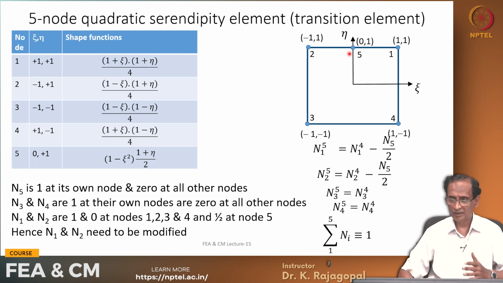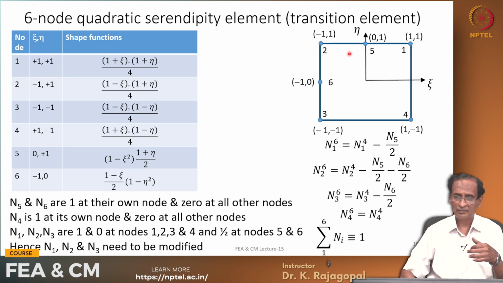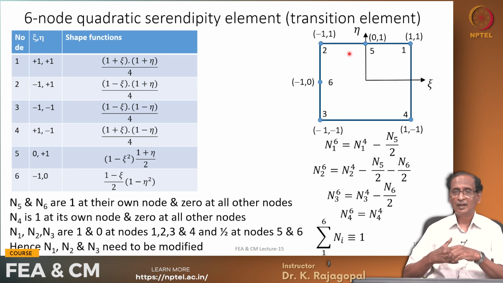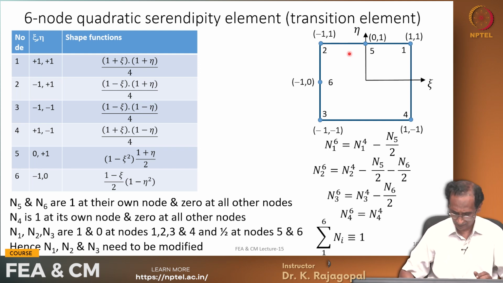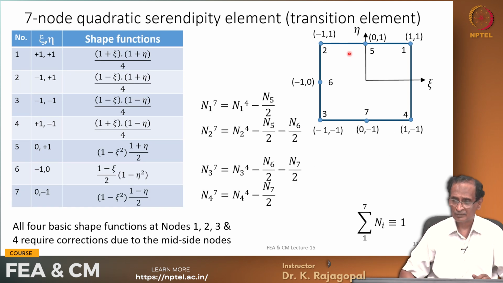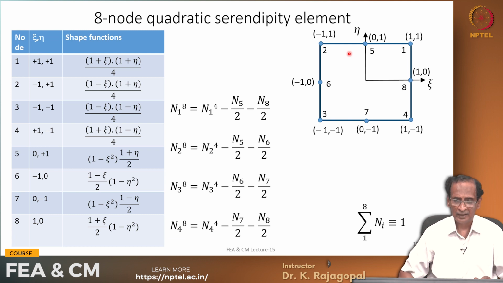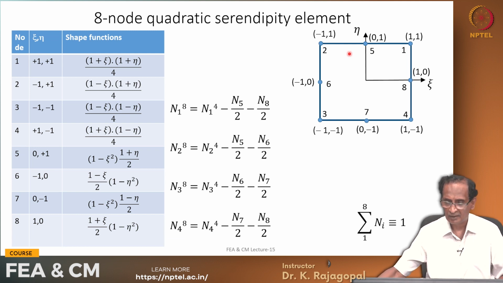So, we have to use only the method that we are using, the serendipity method, and basically all these elements with variable number of nodes are called transition elements. 7, and then 8 node quadrilateral is actually a very powerful element wherein all the 4 nodes N1, N2, N3, N4 get corrected.